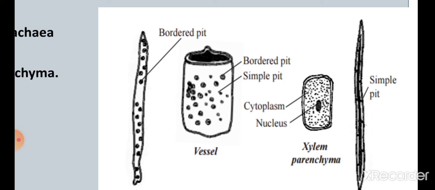You will see the pits in the xylem parenchyma. The cells are living, with protoplast and a well-developed nucleus. Since the cells are associated with the xylem, it is also known as wood parenchyma. The cells are compactly arranged here.